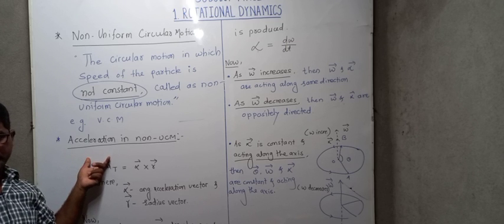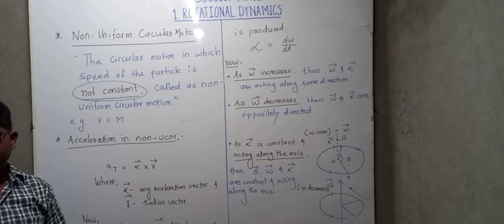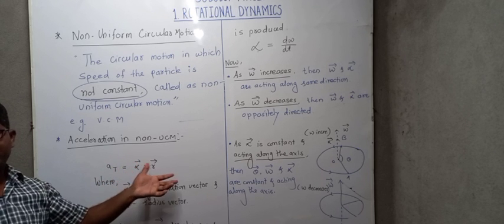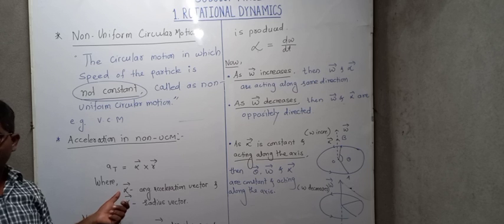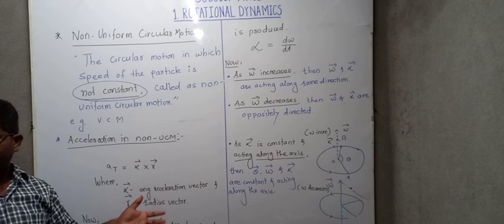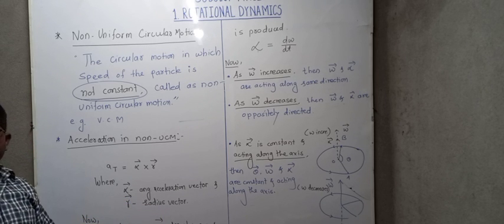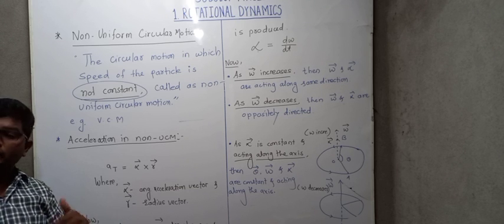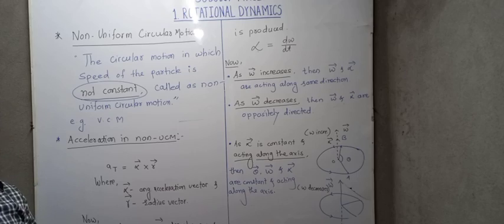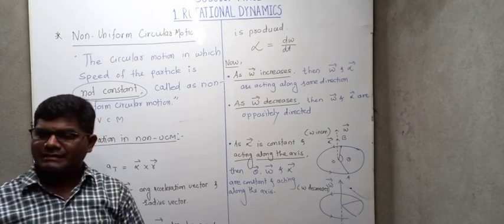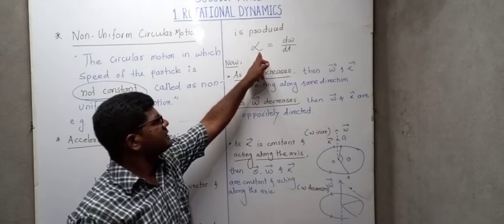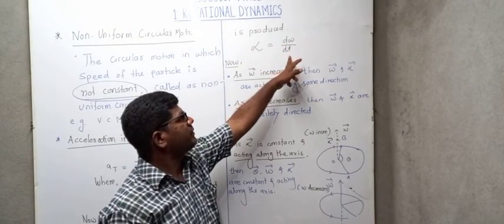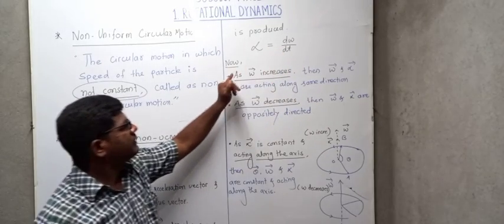Acceleration in non-UCM: here tangential acceleration is produced, given by a_t = alpha bar cross r bar, where alpha bar means the angular acceleration vector and r bar means the radius vector. Then as v bar changes, omega bar also changes, and as omega bar changes with respect to t, acceleration is produced, called angular acceleration denoted by alpha. Alpha = d omega by dt.